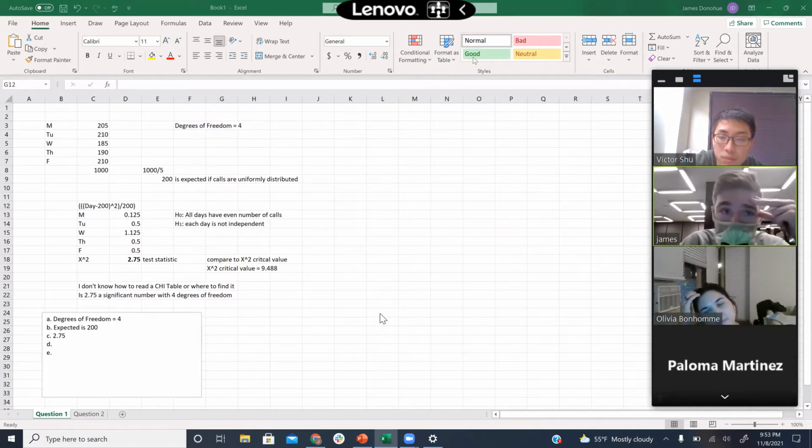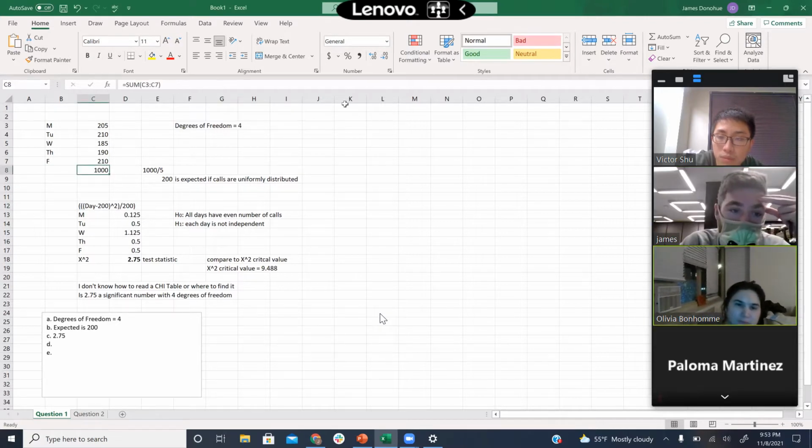To calculate the chi-square, I got the expected number of calls to be 200, because that's the number of calls divided by the number of days. Yes. Then this was the calculation I performed: each day's deviation squared divided by 200, and add them all together. That's our test statistic.